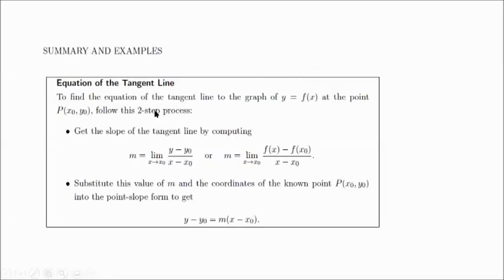Therefore, to get the equation of the tangent line, first get the slope using this formula: the limit of y minus y sub 0 over x minus x sub 0 as x approaches x sub 0.